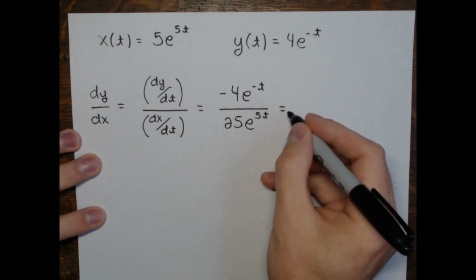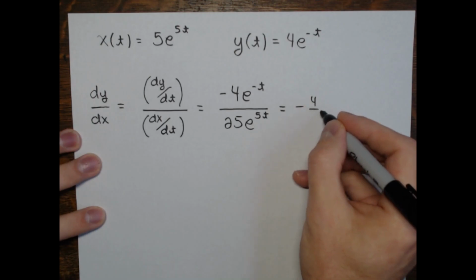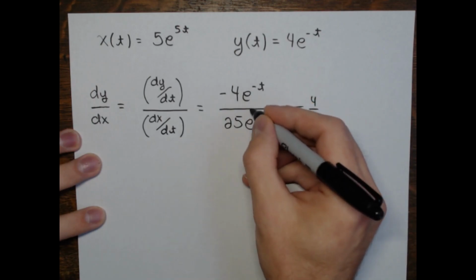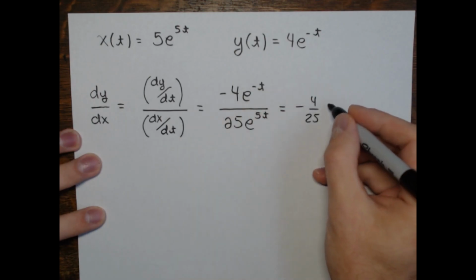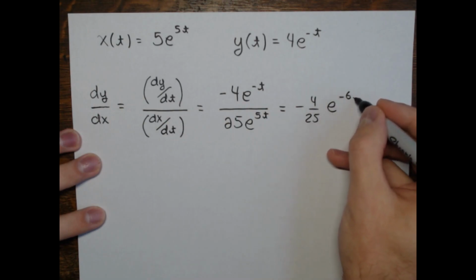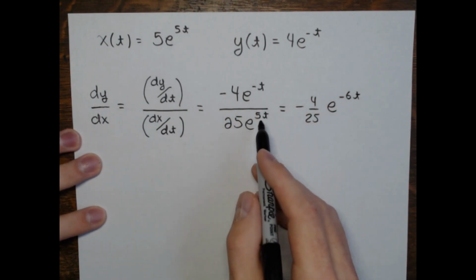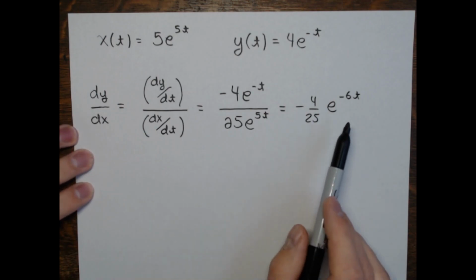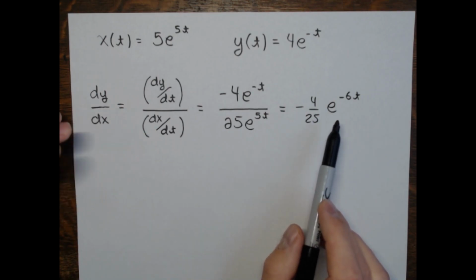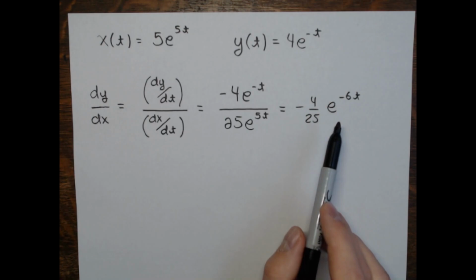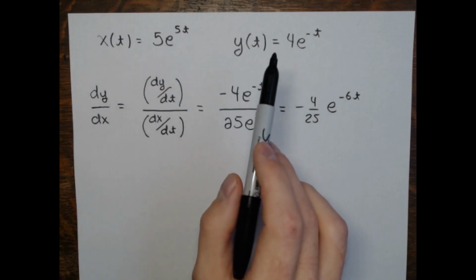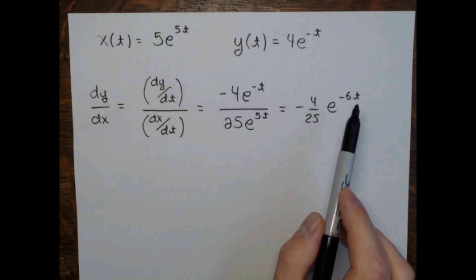And of course, if I actually divide, this would be negative 4 25ths times e to the negative 6t, since you subtract the powers, negative t minus 5t. So this expression here would tell me the slope of the tangent line at any point on the curve described by these equations, but I need to know the value of t at that point.